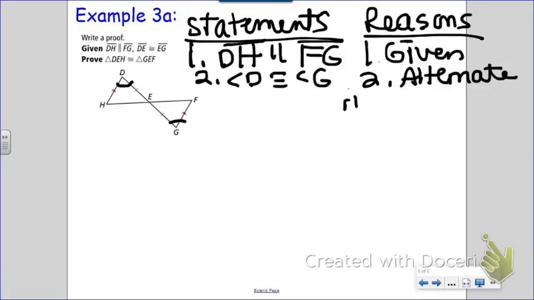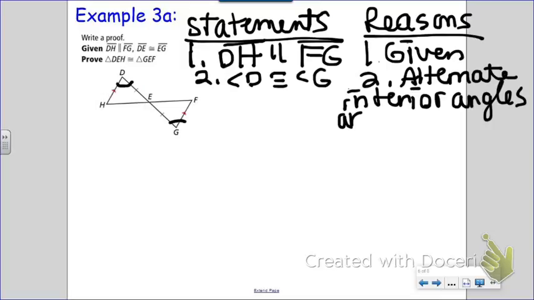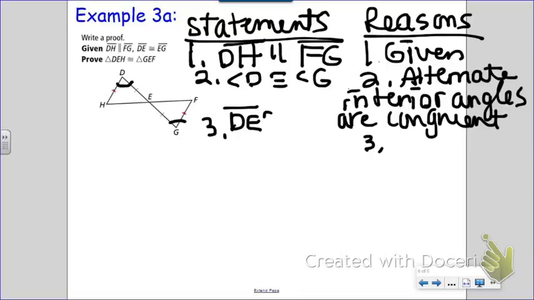Remember, anytime you have parallel, we're going to have either alternate interior or corresponding, and most of them are alternate interior angles congruent in our two column proofs. DE is congruent to EG, and that's given.